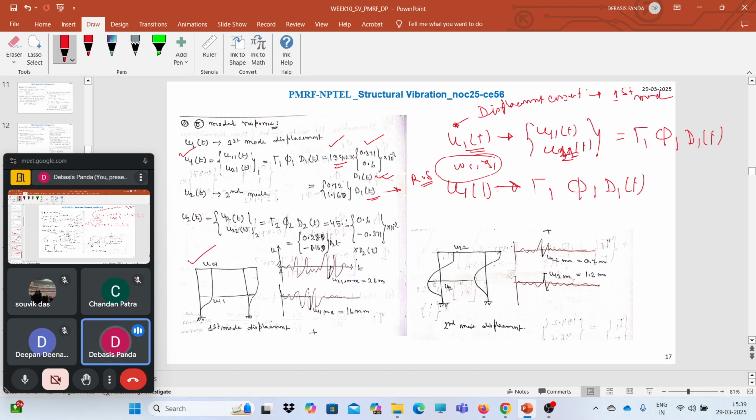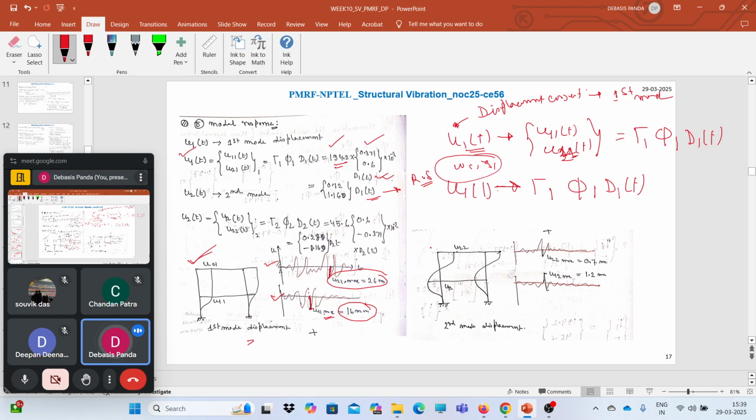For the first mode, u1 of t will give us two responses, here you can see u11 of t and u21 of t. For example, for the first mode, the maximum displacement is occurring here. Say we have numerically solved it, and u11 max comes here and u21 max comes here. So for the first mode we have calculated the responses.